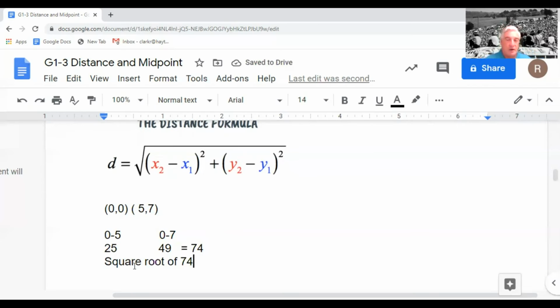Now, if it came out the square root of 81, tell me that you know that's 9. If it came out the square root of 25, tell me that you know that's 5. The square root of 74 is irrational. It goes on and on forever. If you need it, we'll get a calculator out. But on a test or a quiz, the right answer is the square root of 74.